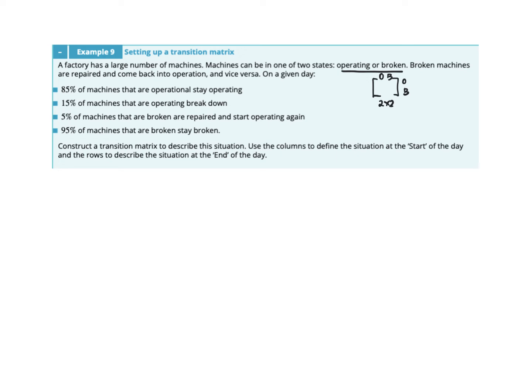So they've given you on a given day. They want us to construct a transition matrix, but just so we can practice, I'm going to do a transition diagram first with our knowledge, and then we do it.